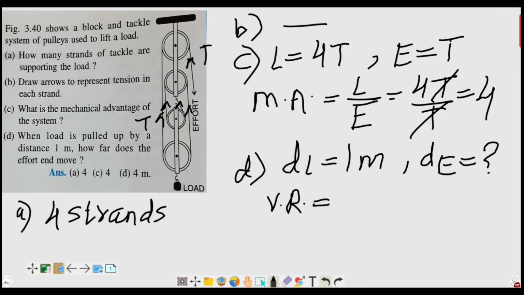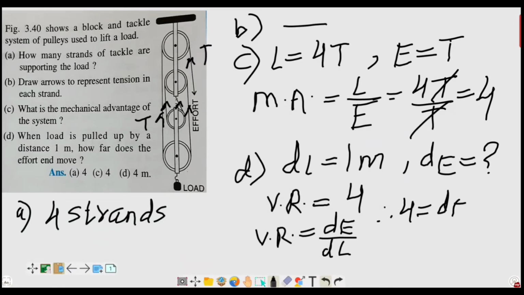Total pulleys are 4, so your VR is 4, and VR is displacement of effort upon displacement of load. So 4 equals dE upon 1. 4 ones are 4. So your displacement of effort is 4 meter.